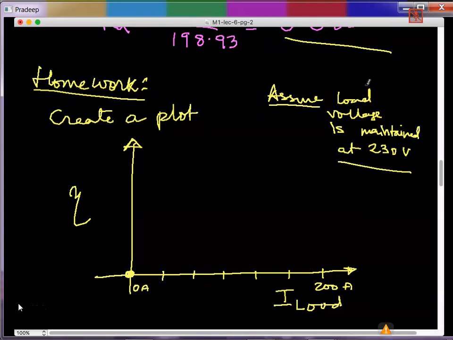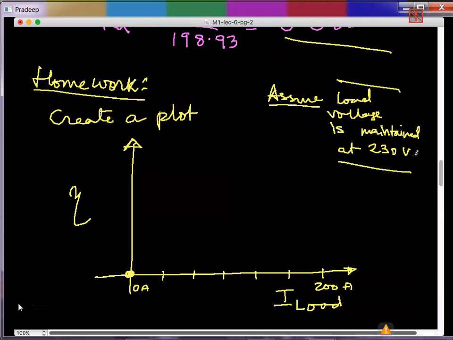How are you able to maintain the load voltage? By increasing the speed of the machine, you can generate more or less voltage. As the load varies, I can control how much voltage I am generating. So it's kind of a voltage control mode.